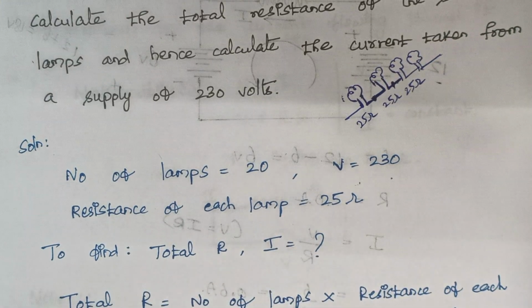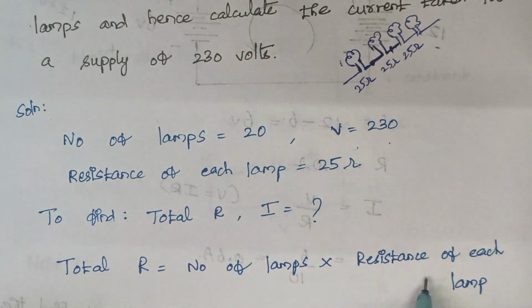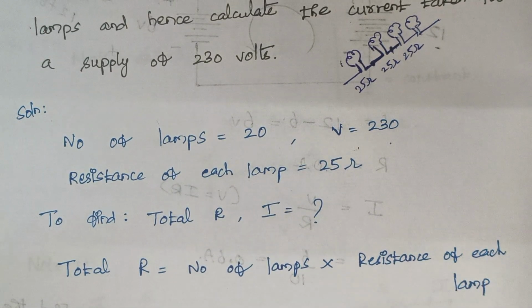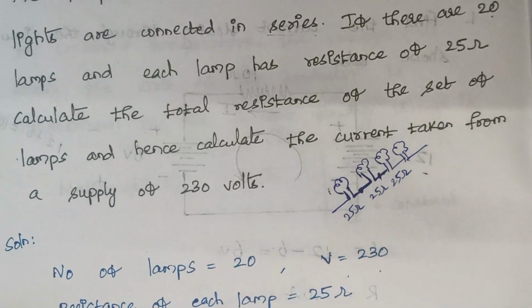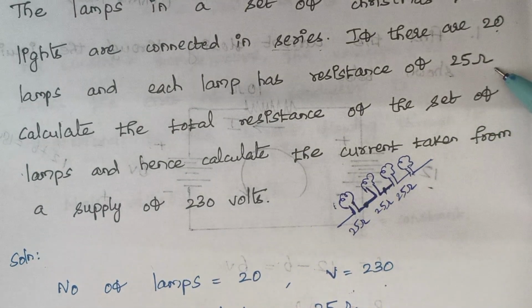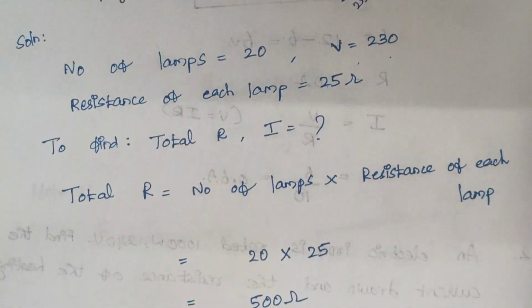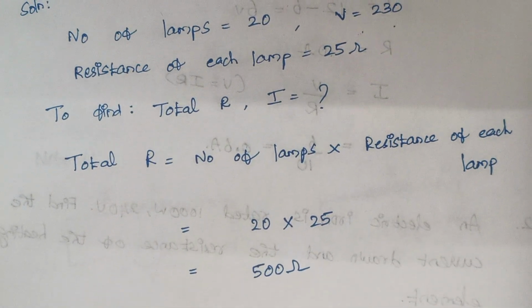Total resistance is the number of lamps times the resistance of each lamp. There are 20 lamps and each has a resistance of 25 ohms, so you just multiply these two, and the total resistance is found to be 500 ohms.